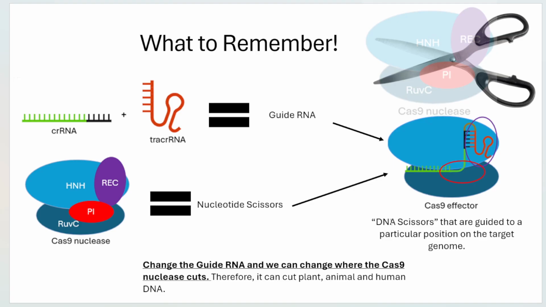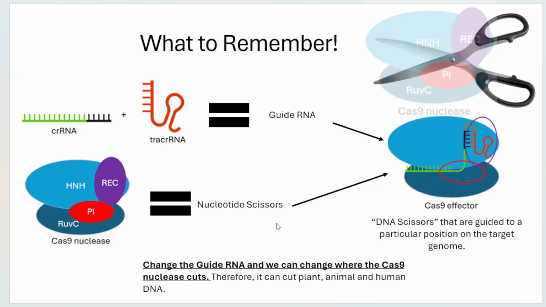So as said down here, DNA scissors that are guided to a particular position on the target genome thanks to the guide RNA. Even though we've known about Cas systems for a really long time, the guide RNA was only just discovered in like 2012, and it was what guided the nuclease over to a particular sequence in the genome, or any genome, to be cleaved. Otherwise, before then it was assumed it was quite random and no one really touched it.